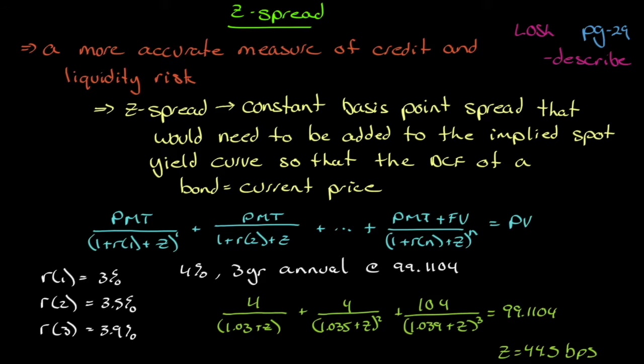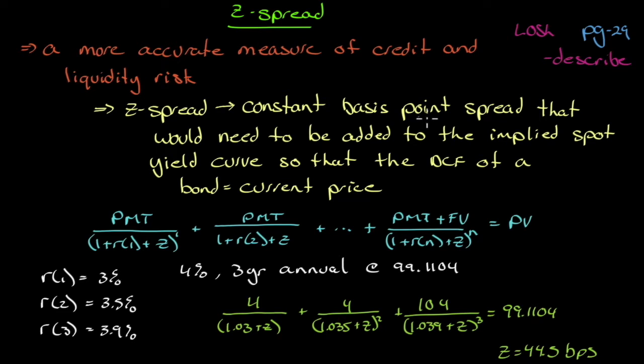In other words, we can look at different bonds and look at their own Z-spread as opposed to just one swap spread per maturity. We could say a bond from this issuer has this Z-spread. This bond from that issuer maturing on this date has this Z-spread. So here's what it is.